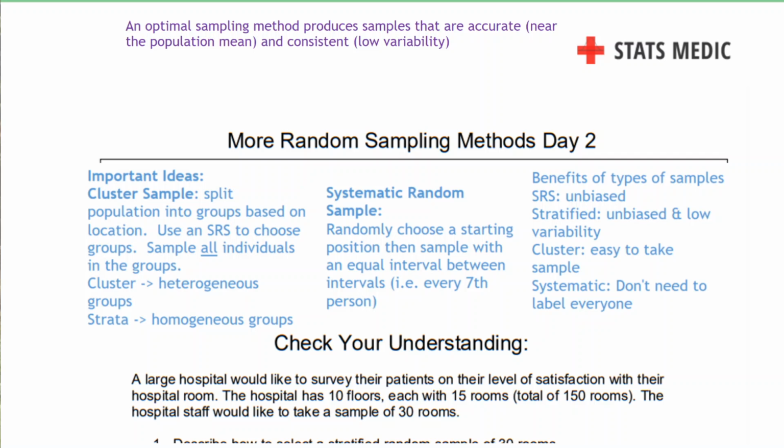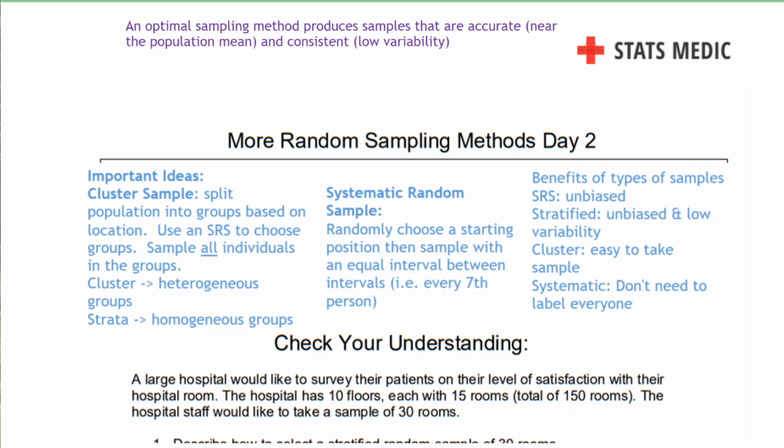In other words, when we did our clusters here, each person in the cluster came from a different row. So there is a difference between each person in a cluster. Whereas in a strata, everybody in the strata was from the same row. So that's why we're calling it homogeneous. So heterogeneous versus homogeneous groups.